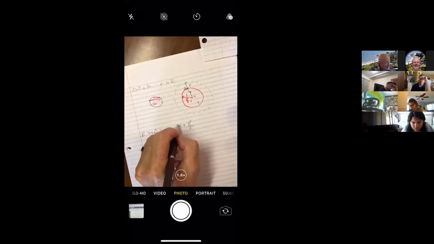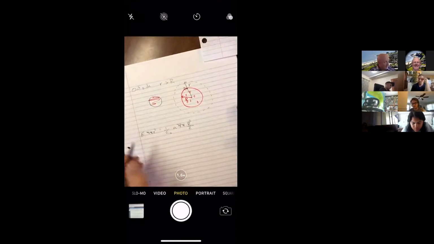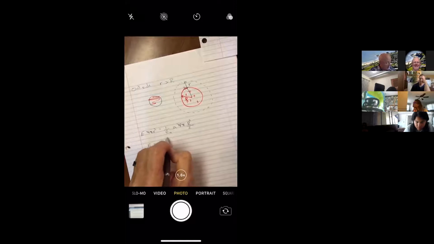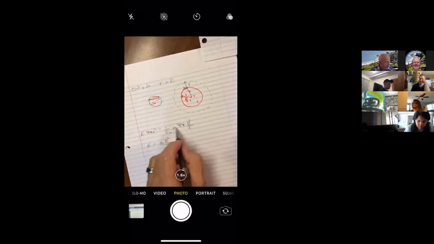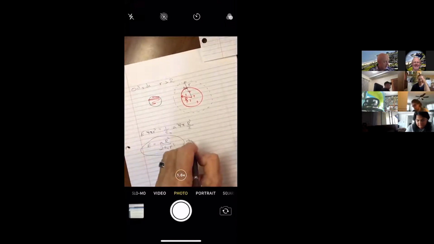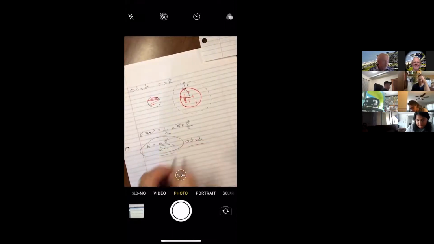I guess technically I still have a 4 pi that cancels off. But as you ran into, these r's would not be the same. So I'm going to leave the little a and the capital R squared here in the numerator and move the 2 and the epsilon and then the r squared. So this is what I would get on the outside.